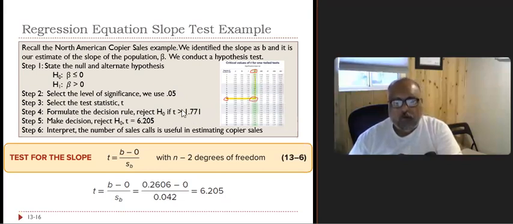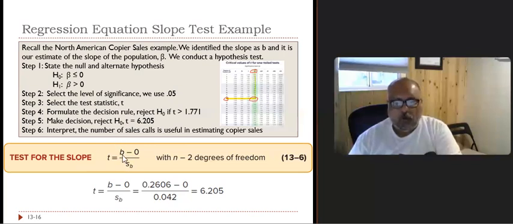So this is our critical value, and we need to find the actual value of t. So we compare with the 1.771. Then we interpret. So the decision in step number 5 is to reject the null hypothesis if t is greater than 1.771. Our t is 6.205, right?